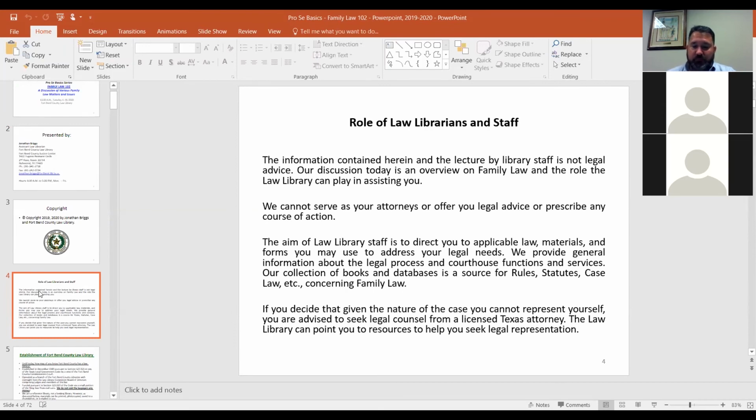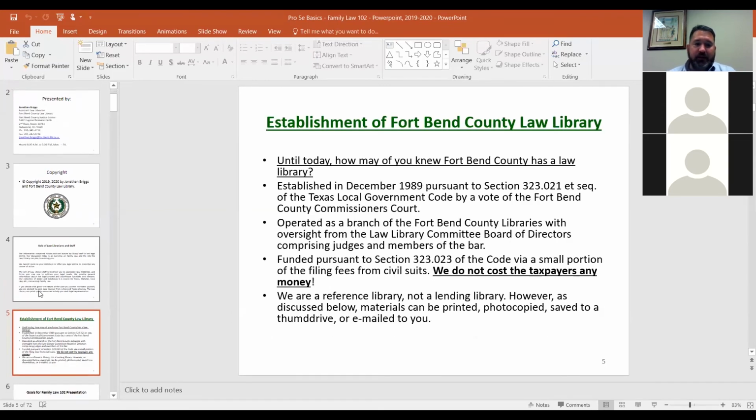It's actually about half and half. The law library was established about 30 years ago pursuant to state law, and our law library is well funded. Fort Bend does a really good job with us, giving us the materials we need to assist people. So it's not a big library, but it packs a lot of punch, and what we have in our books and online resources is really excellent.